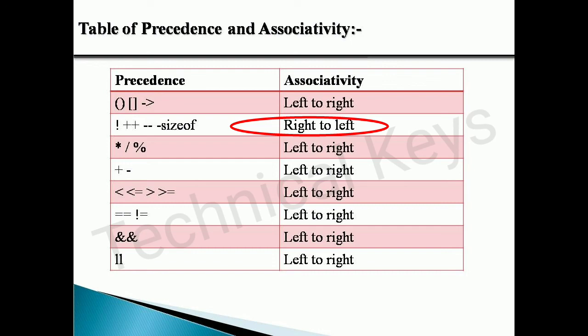You have to follow a right to left approach here, whereas for the rest of the operators you have to follow left to right. That is the basic one we use generally in our normal calculation. So that is left to right, but only for the second row you have to follow the right to left flow, or associativity.